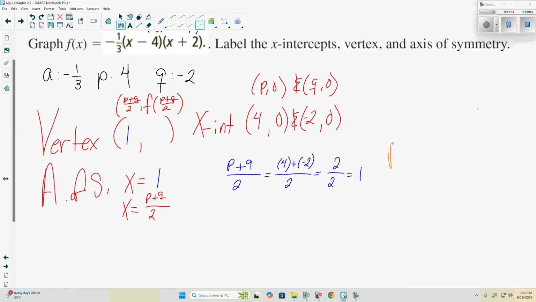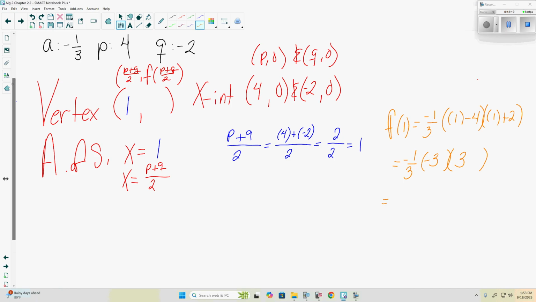So f of 1 is going to be negative 1/3 times 1 minus 4 times 1 plus 2. Now, if we did this by hand, 1 minus 4 is negative 3. 1 plus 2 is 3.